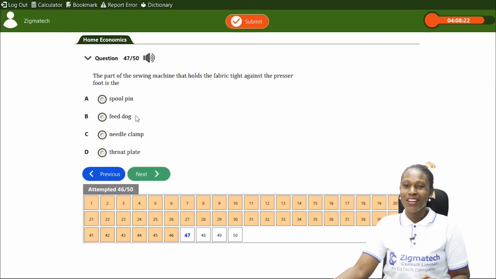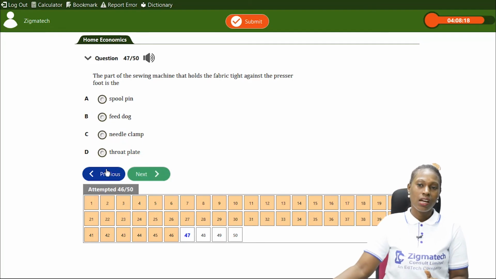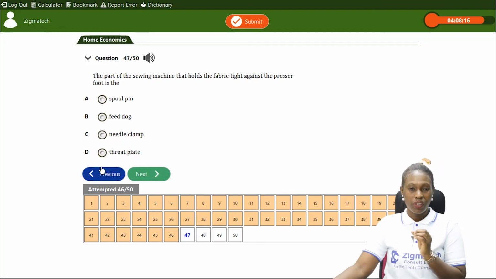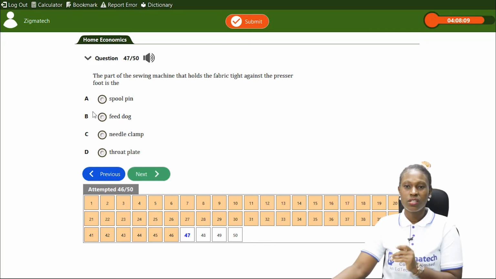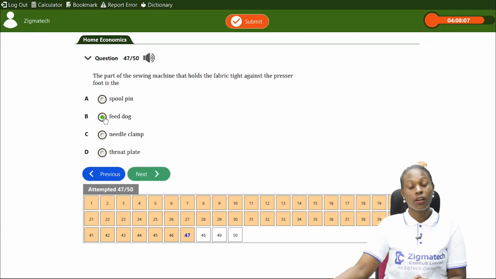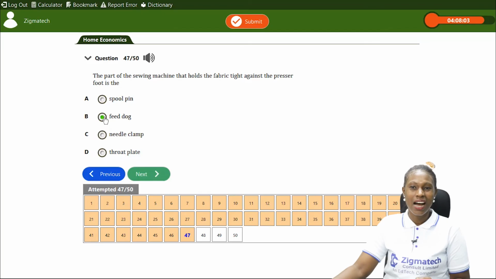B, we have the feed dog. C, we have needle clamp. D, we have the throat plate. So which part of the sewing machine holds the fabric tight against the presser foot? The answer is the feed dog. The feed dog does that. It holds the fabric tight against the presser foot.